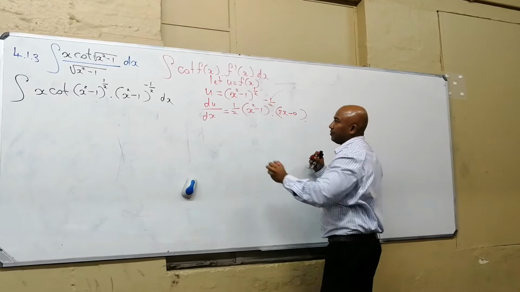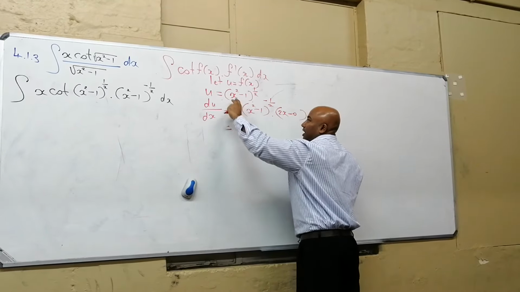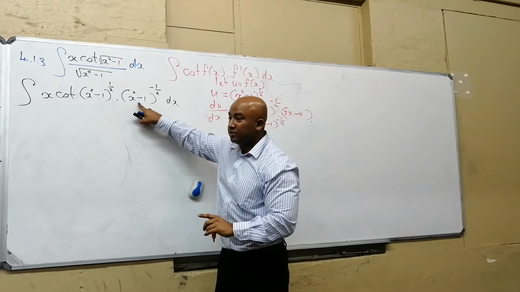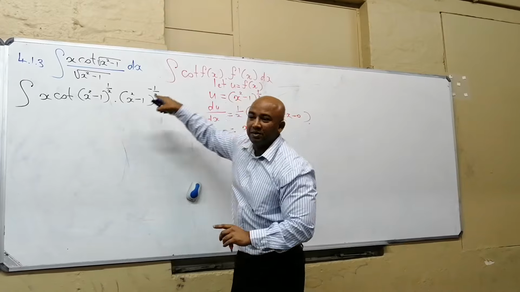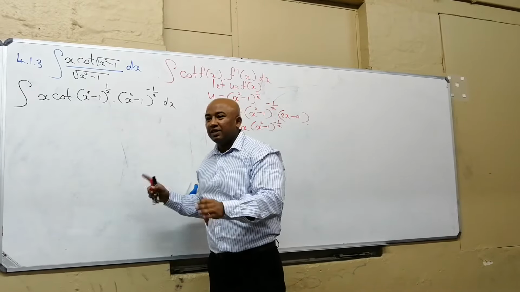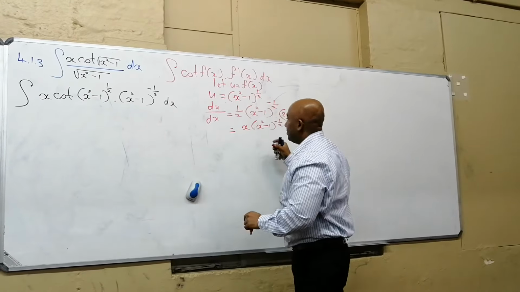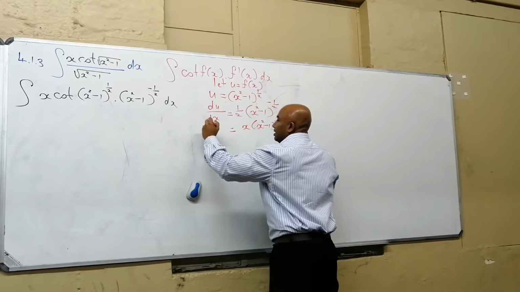So now, half times 2x is just x, because your 2 and 2 will cancel. Can you see that? So you got x times x squared minus 1 to the power minus half. I can simplify this, but I'm not going to simplify it because I notice this one is also x to the power minus half. If I simplify here, that means I have to simplify here also, which is a double job. We don't want to do that.